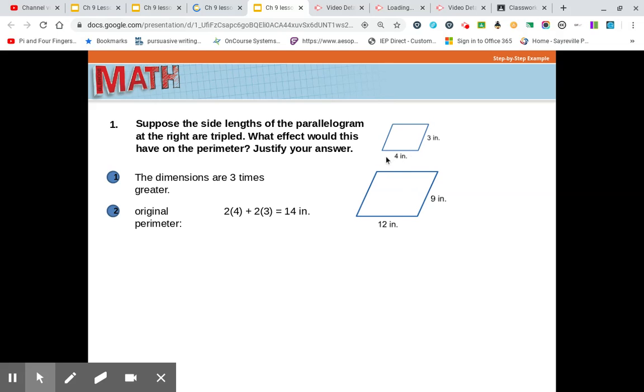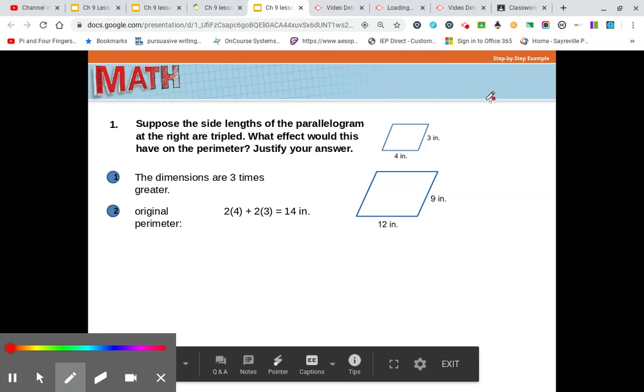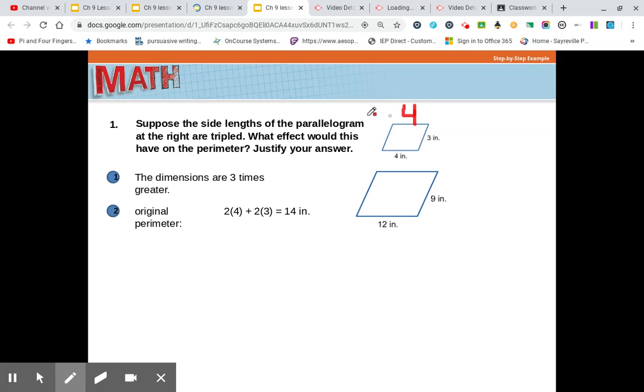The reason why they're multiplying by 2 is because if this side is 4, this side also has to be 4. You can't just do perimeter with 2 sides of a 4-sided figure. You need to do it with all 4 sides. So you either can write in the 4 here, which I will try to do for you. This side is 4.